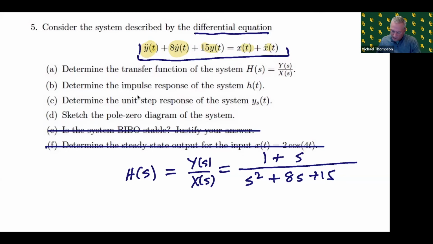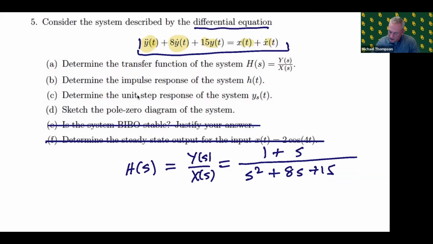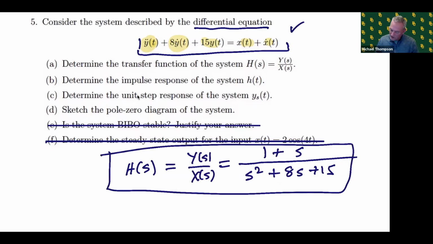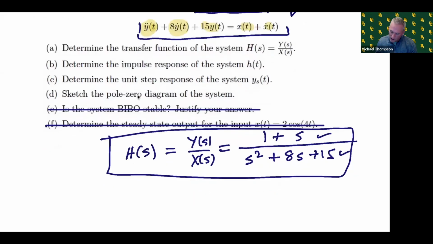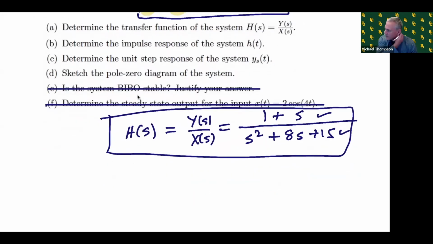Okay, so what we did in the past is we took the Laplace transform of both sides of the equation, did the algebra, but it always turns out to be the ratio of the x coefficients divided by the y coefficients, where you use the powers of s to represent the derivatives. Okay, so there you are. There's the transfer function of the system.